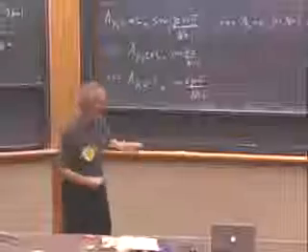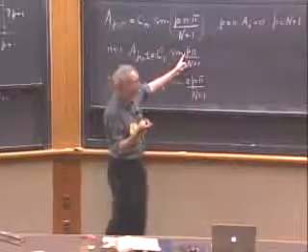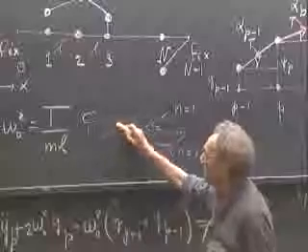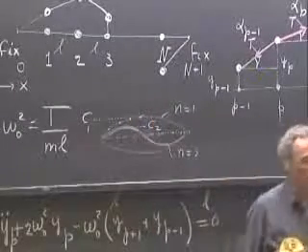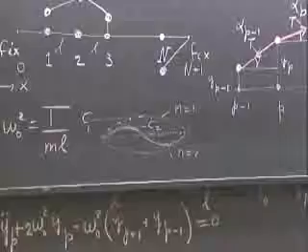P1 has its own amplitude, P2 has its own amplitude, P3 has its own amplitude. So P1 will be here, P2 will be there, P3 will be there, P4 will be there, and so on. And so then the amplitude first goes up, and then the amplitude goes down again.